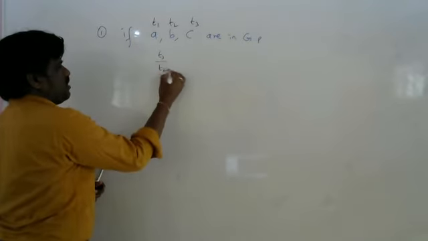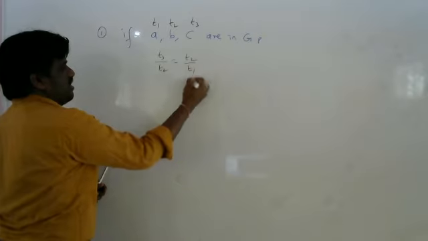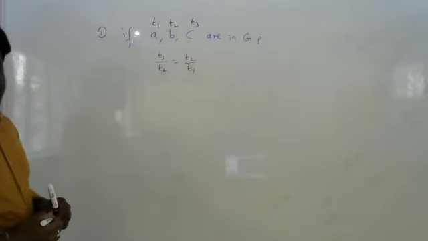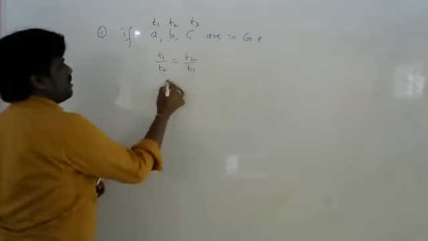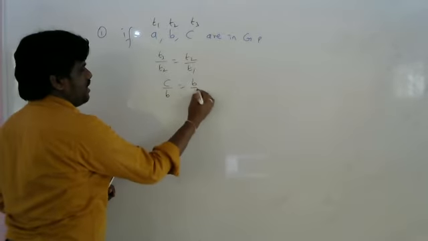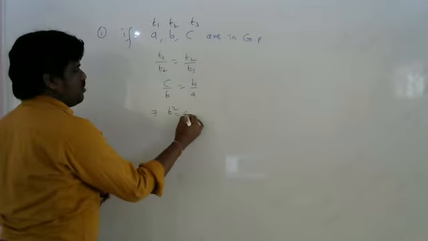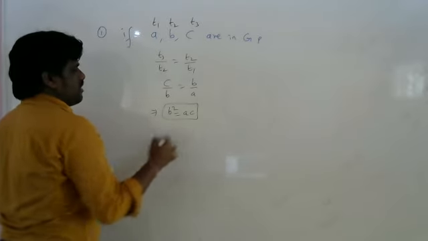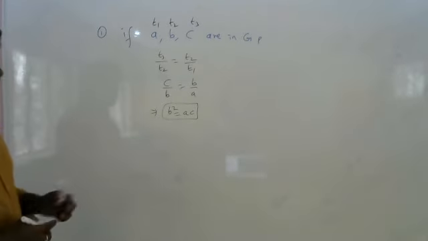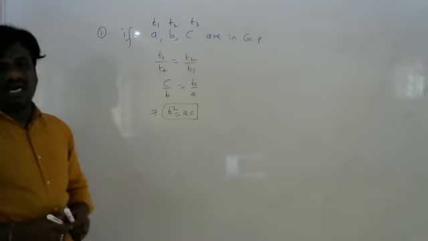T3 by T2 is equal to T2 by T1, because the common ratio is the same. That means C by B is equal to B by A. If we do cross multiplication, B square is equal to AC. B square is equal to AC is the condition for terms to be in GP.